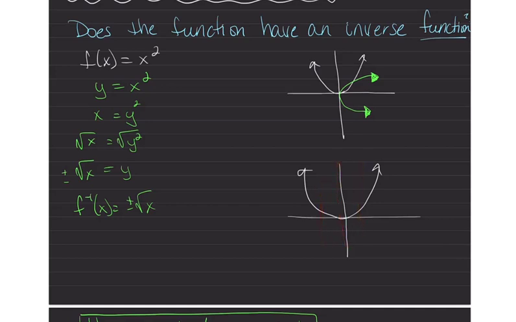But to find out if its inverse is a function, we can actually do this horizontal test. And when we do the horizontal test, guess what happens? Does it pass or does it fail? It fails the horizontal test. And because it fails the horizontal test, we know that when we found our inverse, it is not a function.